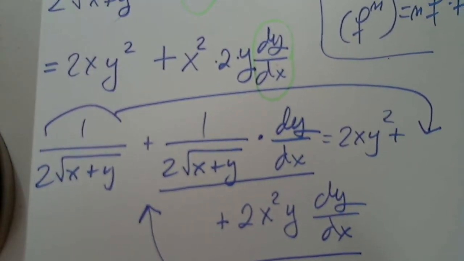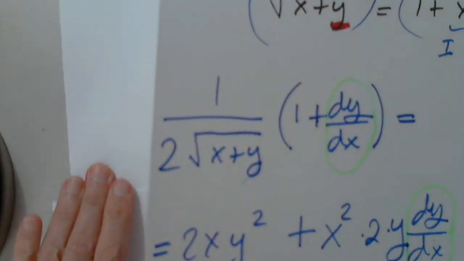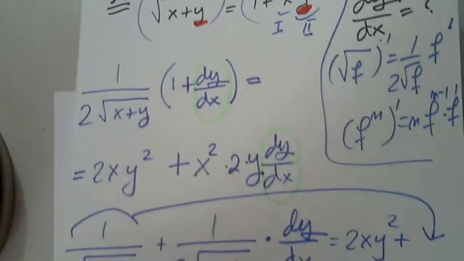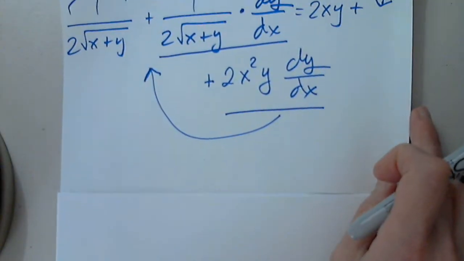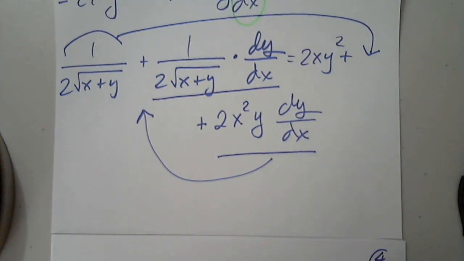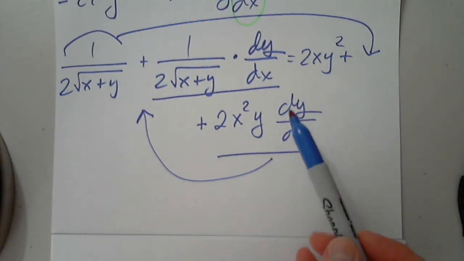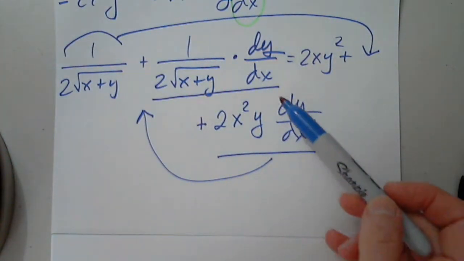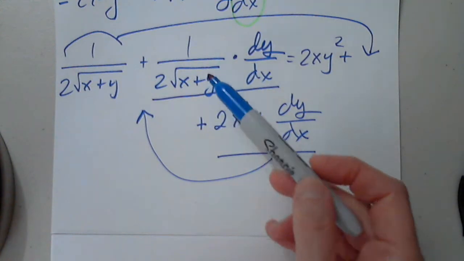So therefore, when I move this term here, I will also directly factor out dy over dx because these are not like terms.